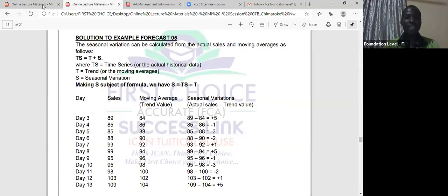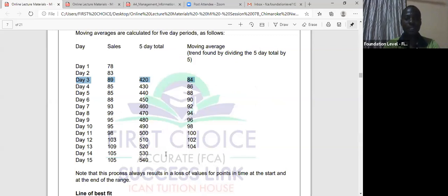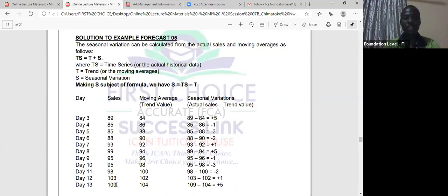Then ending at day 13, where the sales is 109, the moving average is 104. So these are the two things we extract.